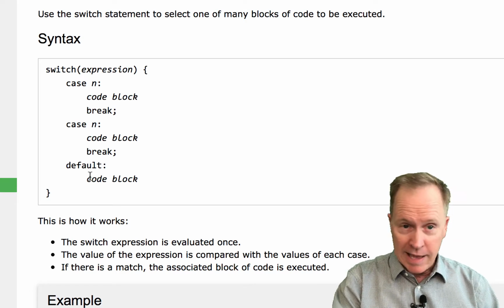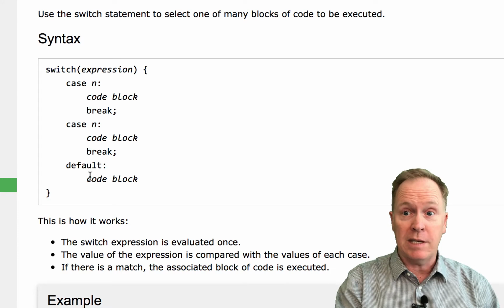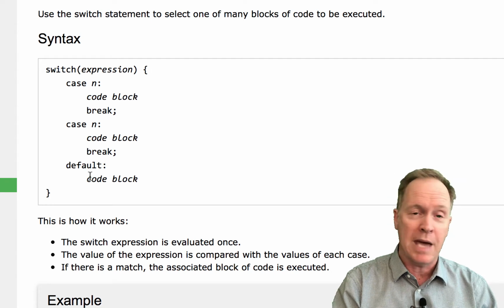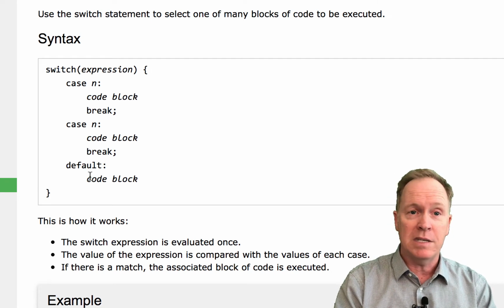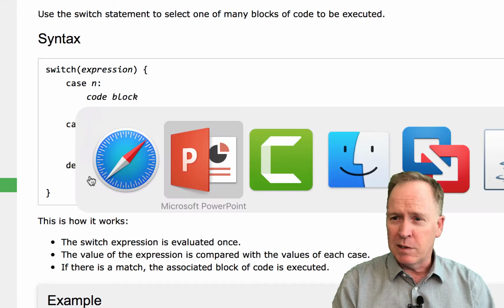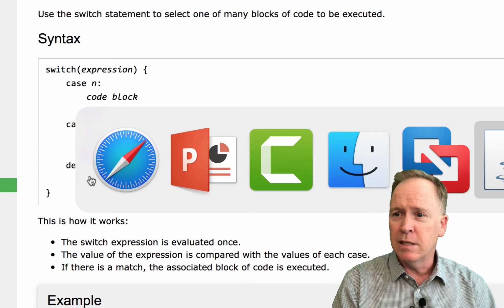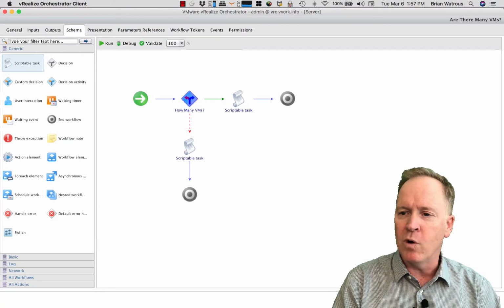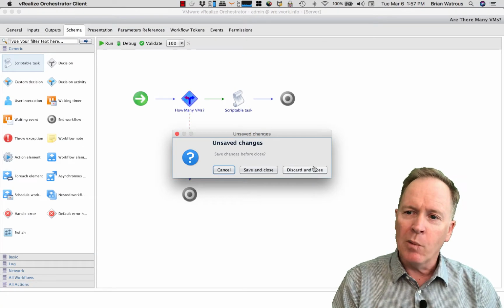All right, so again, that's JavaScript, and you're free to use these case statements within the JavaScript code that you create in your Orchestrator workflows. So if you have a scriptable task and you want to do switch statements, knock yourself out. But what I want to talk with you about is how we can do a similar sort of thing for our workflows.